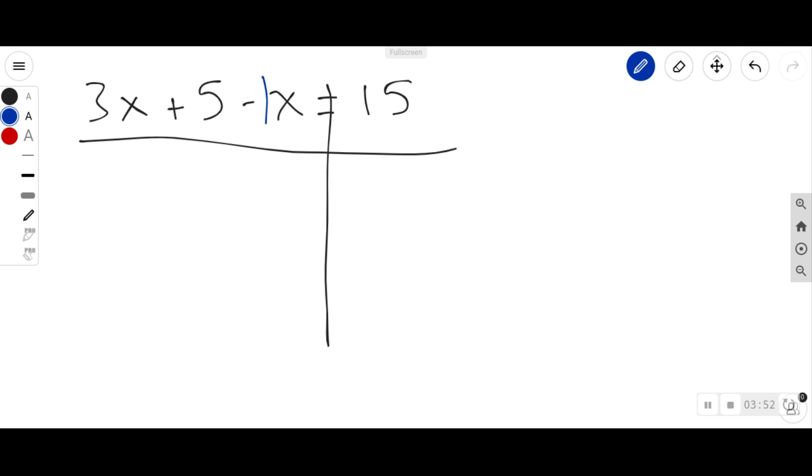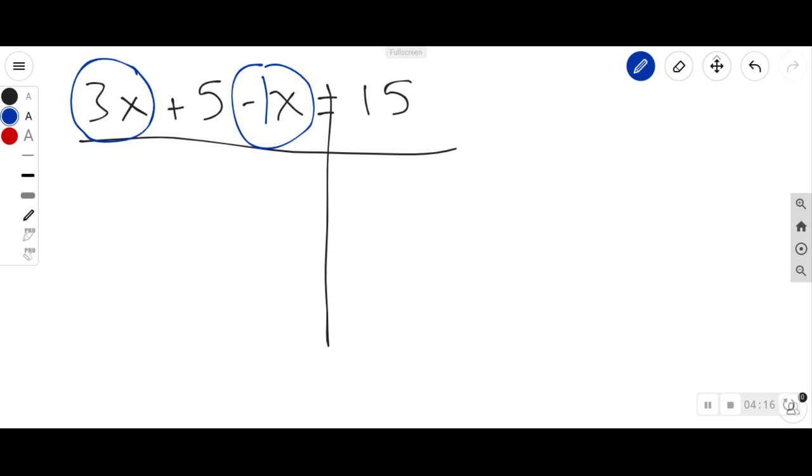Now I do have one set of like terms, 3x and -1x. We're only concerned with like terms that are on the same side of the equation. You want each side of the equation to be no more than 2 terms. We have 3, so we need to break that down smaller.